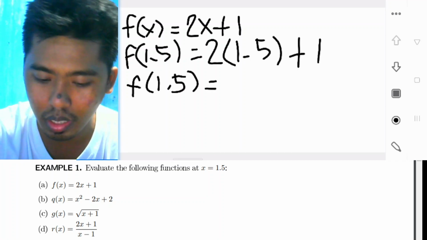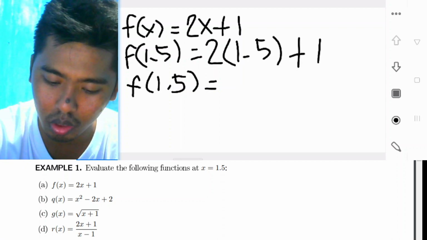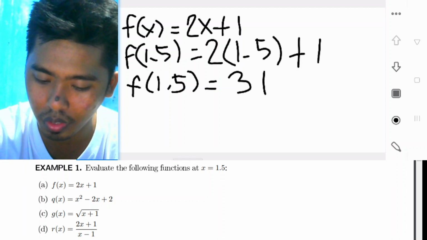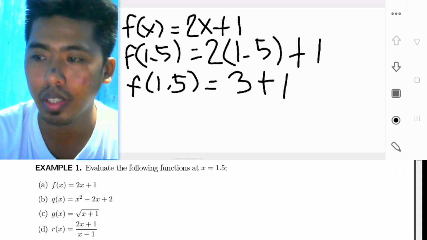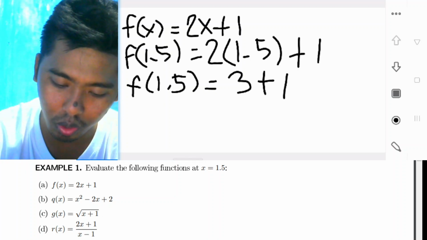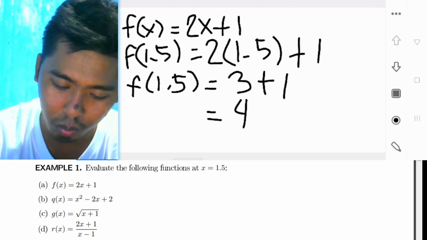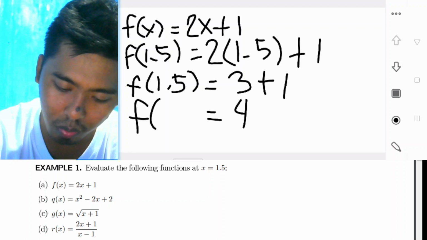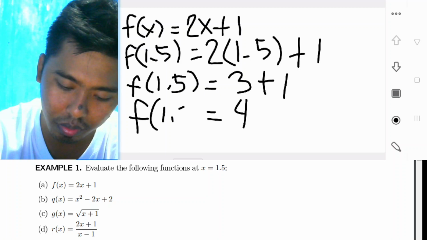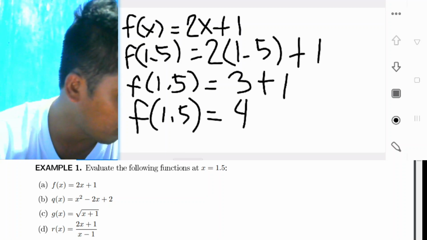Now 2 times 1.5, of course, is 3, then plus 1. Then this would become 4. So meaning, f of 1.5 is equal to 4.